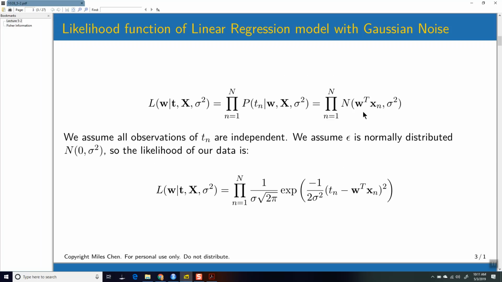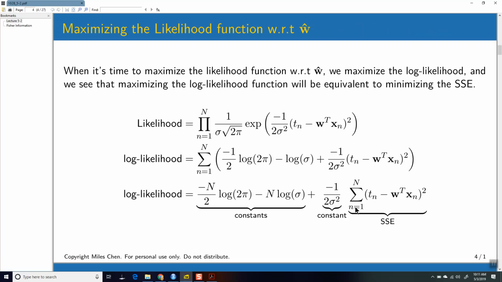And because the Gaussian is basically e to a negative quadratic, when you try to minimize the log likelihood, you end up minimizing the sum of squares, okay?